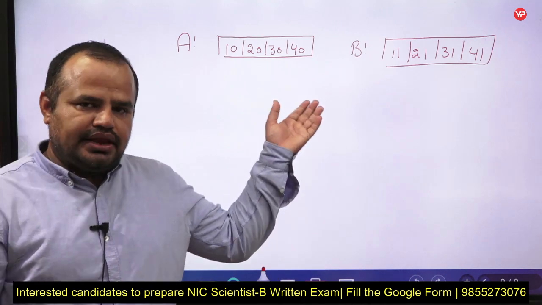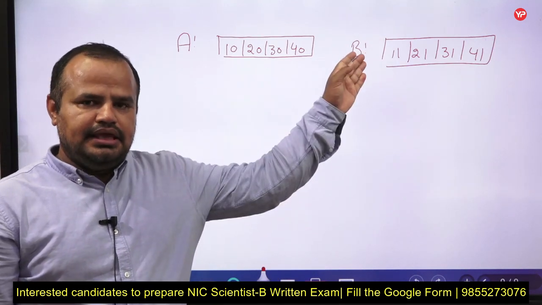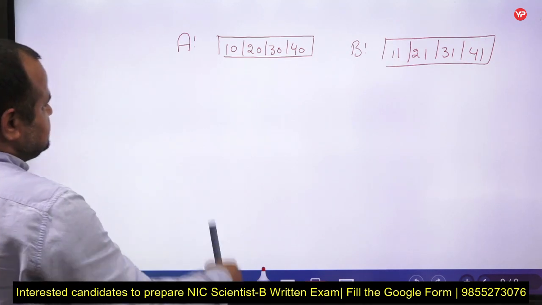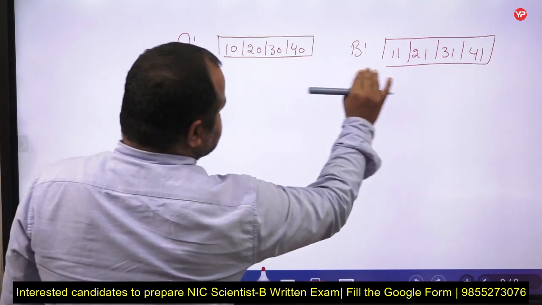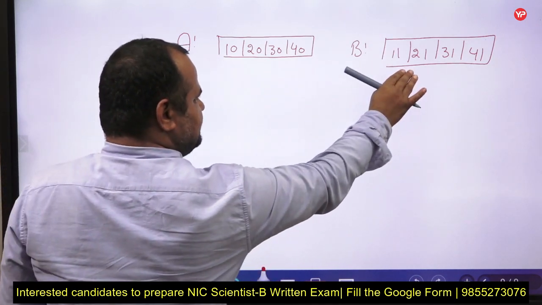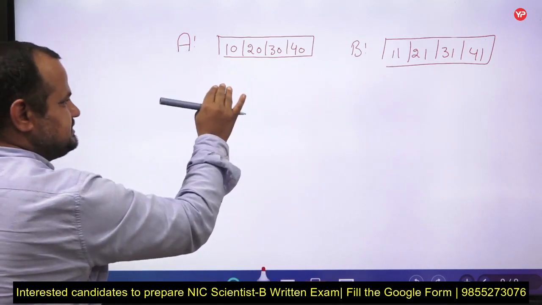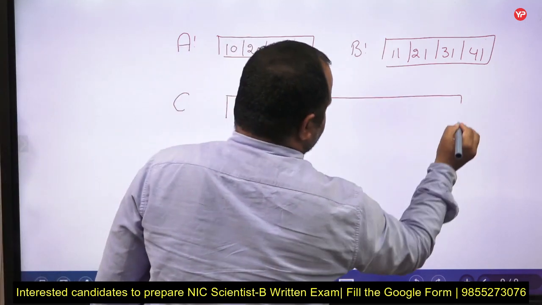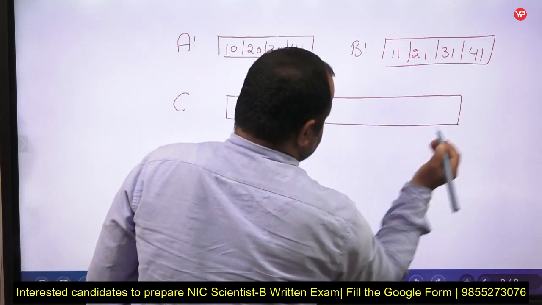So I have two arrays, A and B, and both are sorted in nature. Fine. Now my task is to merge these two sorted subarrays into a new array. Fine.